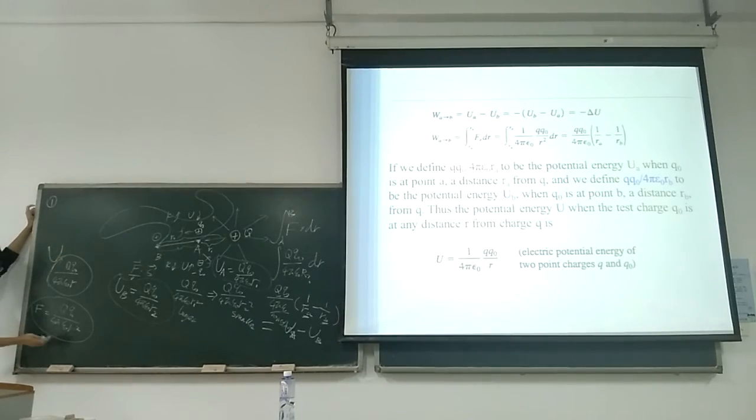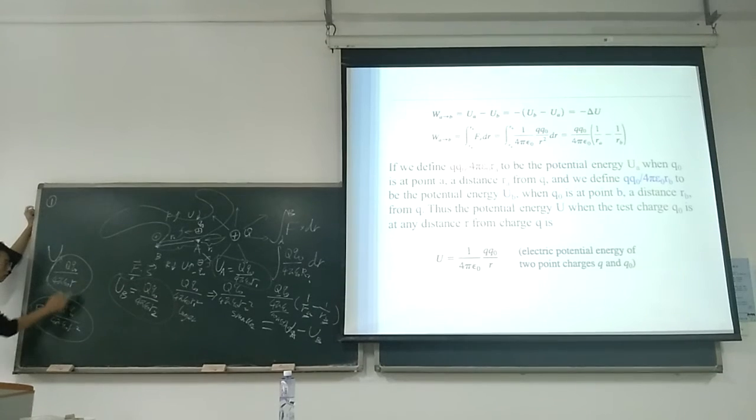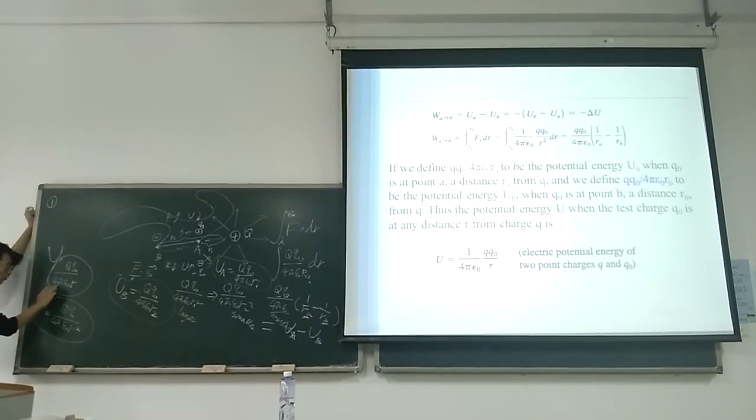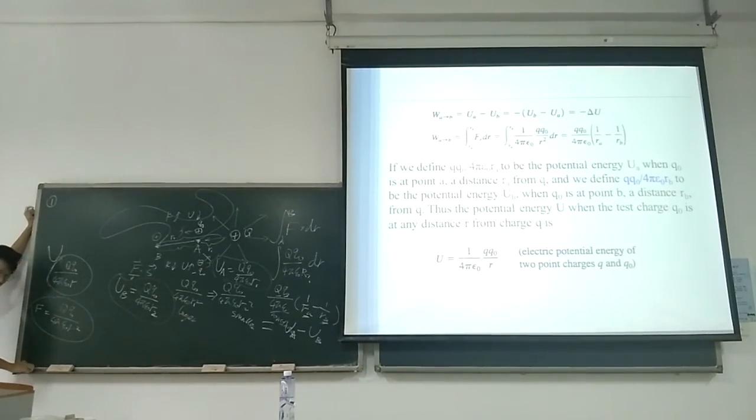There's only whether there is a square of the R. The part circled in red is all the same. The only different thing is whether there is R squared or R.